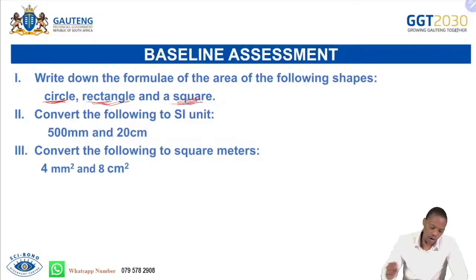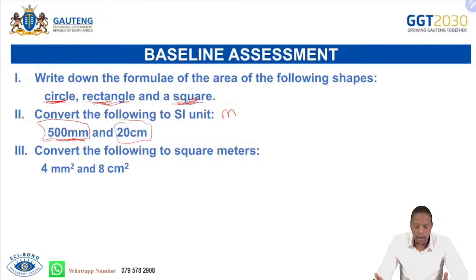And once you are done, quickly convert 500 millimeters to SI unit. And we know the SI unit for distance is meters. So it means you are converting millimeters to meters. Please also convert 20 centimeters to meters. I want to see if people are able to do those conversions, because those are important for today's lesson.